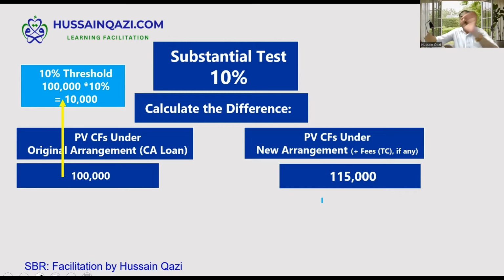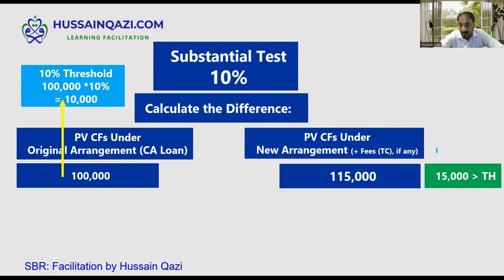And then calculate the present value of cash flow under the new arrangement, that is 115,000. So the difference between the original loan amortized cost and the new loan present value of cash flow is 15,000.